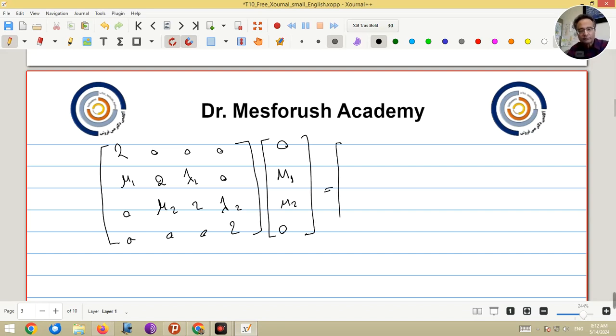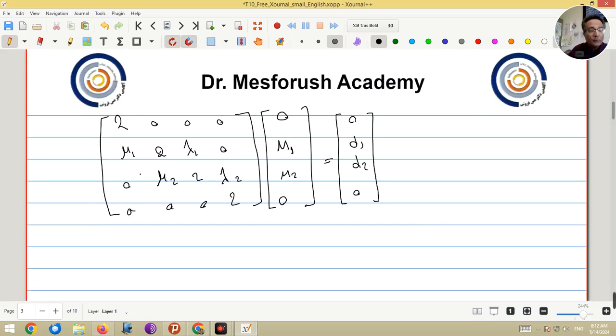0, d1, d2, and 0. But we know some materials for mu and for lambda and for d, okay? So I have to compute something. Let me write, we had mu j equal to hj over hj plus hj plus 1, okay?